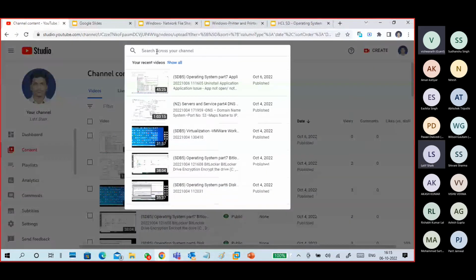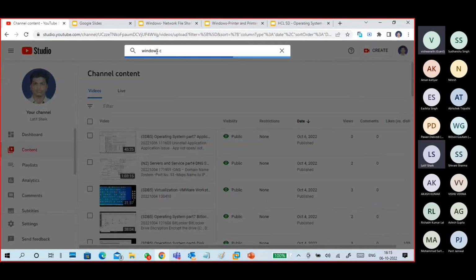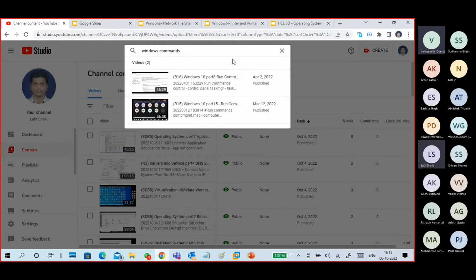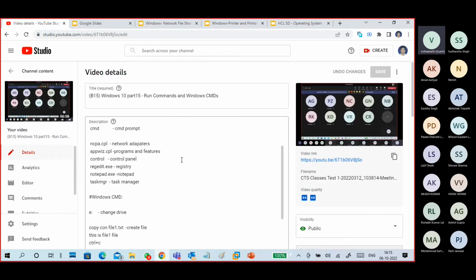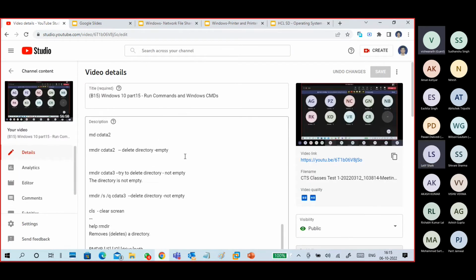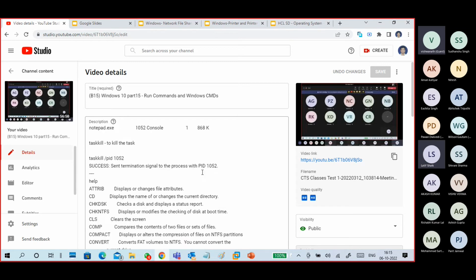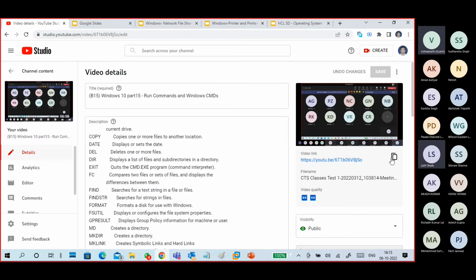This contains some Windows commands. In the last batch, I told about Windows commands.